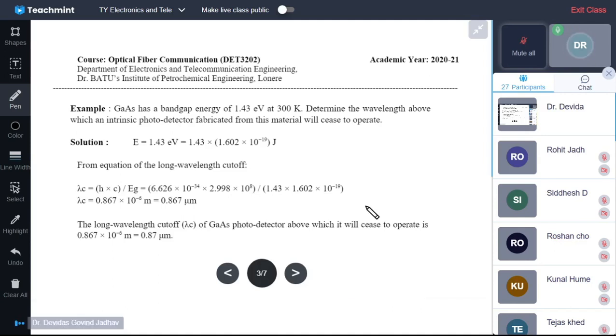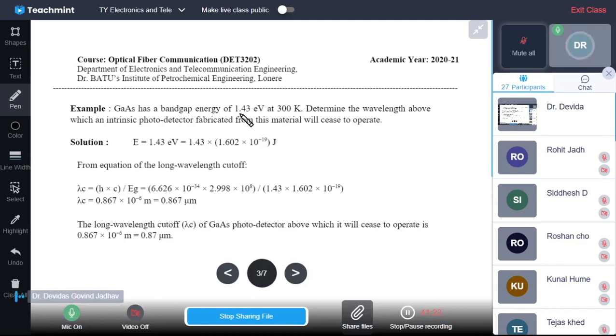So what is given? Band gap energy is given: E is equal to 1.43 electron volt, which is 1.43 multiplied by 1.602 into 10 raised to minus 19 joule.